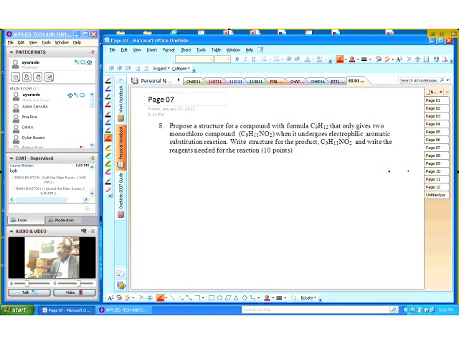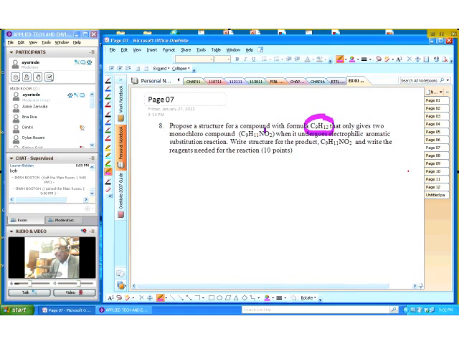Okay, very good. What we need to do here is to determine the structure. We have this compound, C9H12, and they say it only gives 2 monochloro compounds. Oh, they made a mistake here.